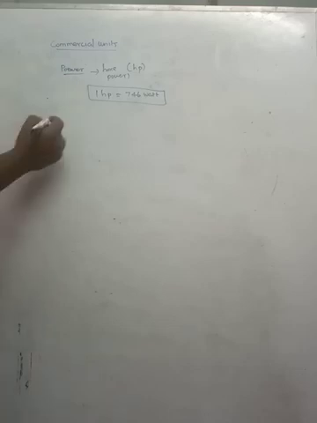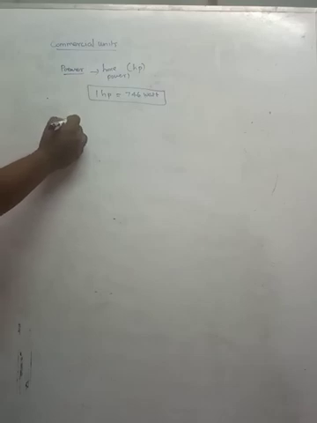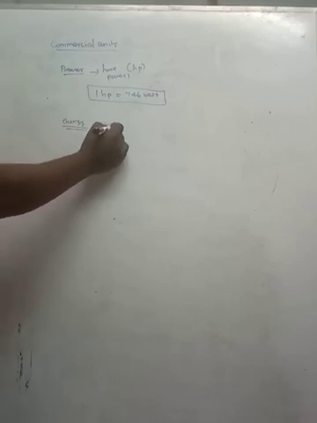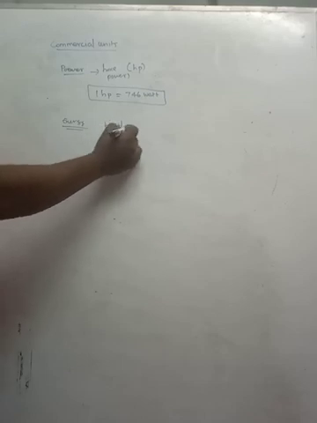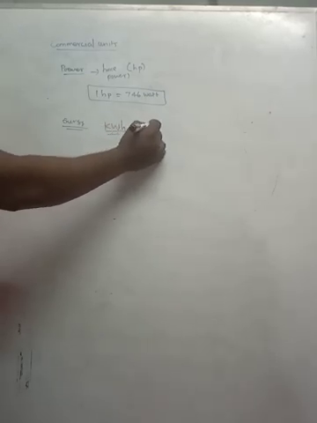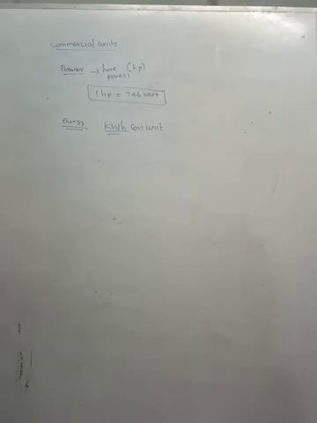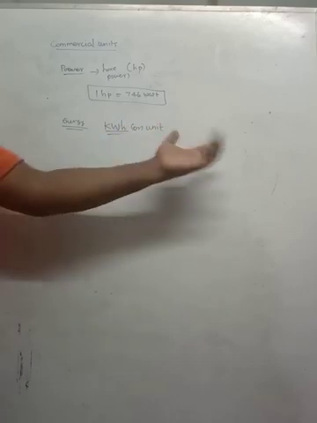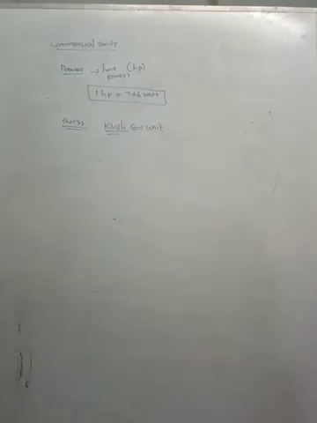The next one, the commercial unit of energy, is the kWh, kilowatt hour, otherwise called a unit. There is a relation between the kilowatt hour and the SI unit, that is joule.